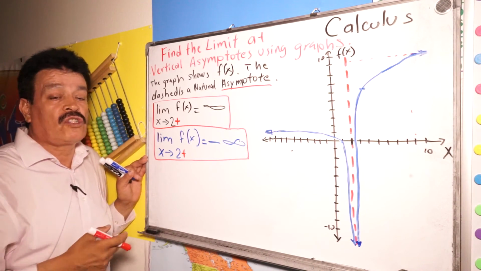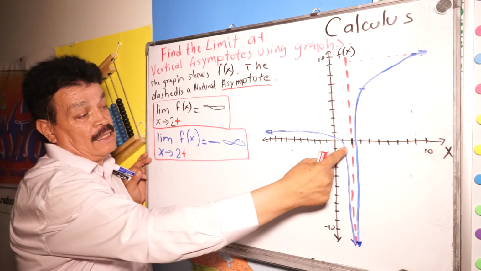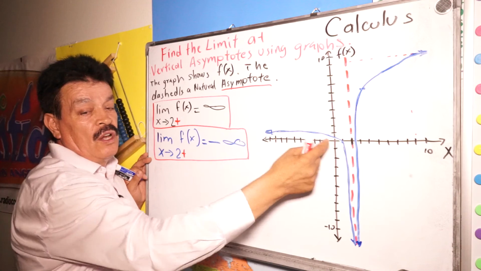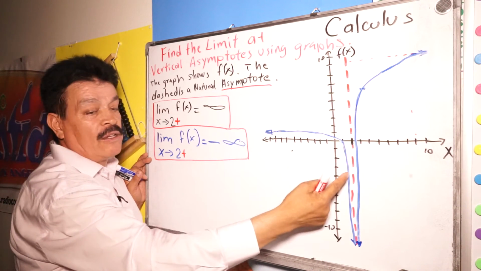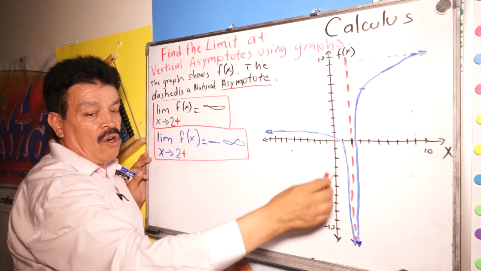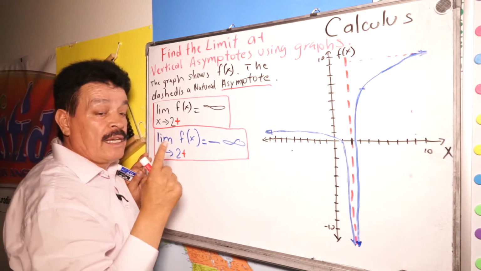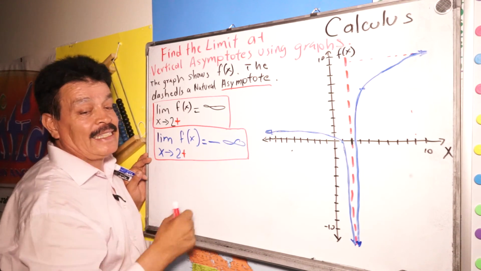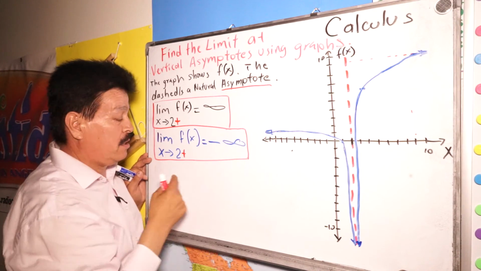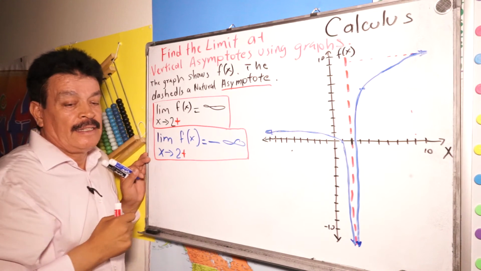As x gets even closer from the right, all values of f of x will also be less than that number.